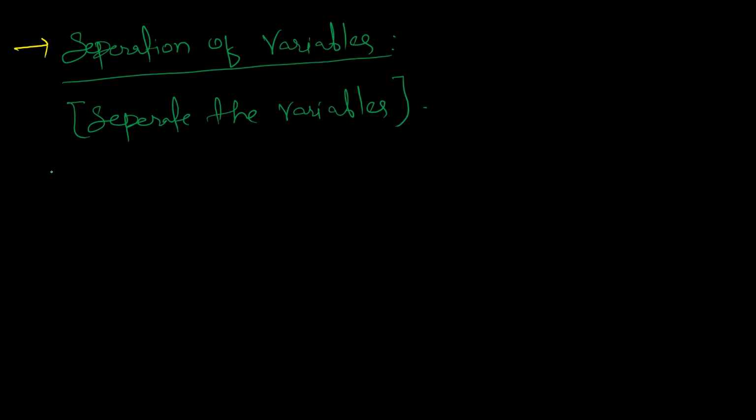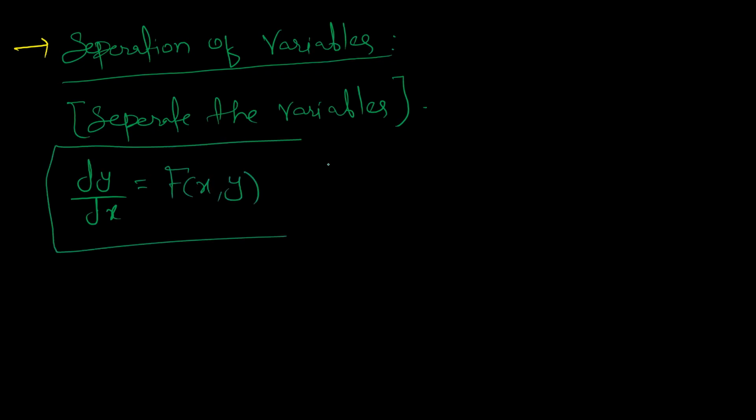If we have a first order differential equation like this, what we have to do is take the x terms and separate the x variables with dx and the y variables with dy. For example, dy by dx equals x upon y.